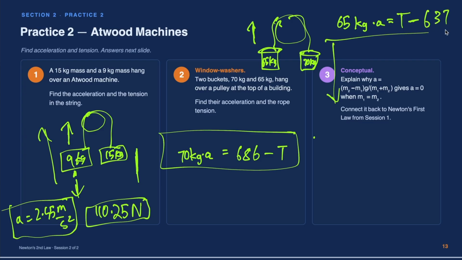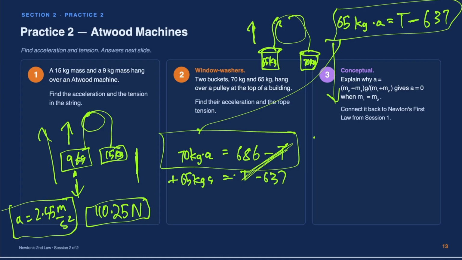If I add these two equations, right? Let me pull a full equation here so you can see what my steps are. The negative T and T cancel. 70 plus 65 becomes 135, right? 135 kg A is equal to 686 minus 637, and this would be in newtons.